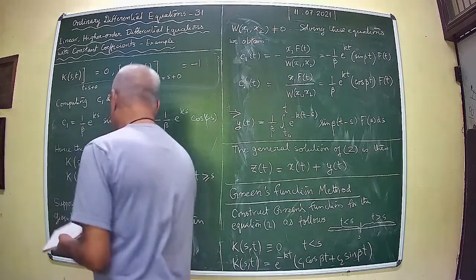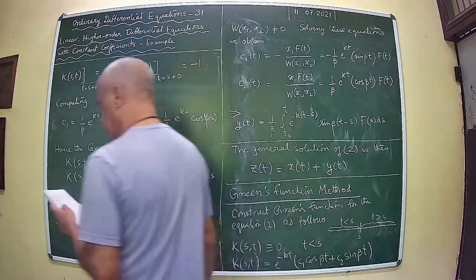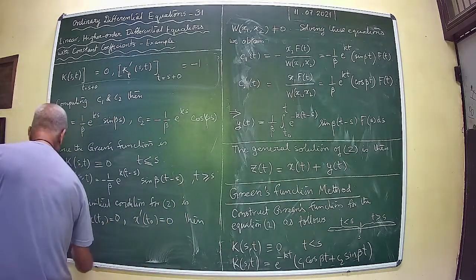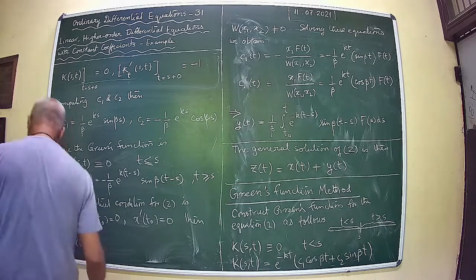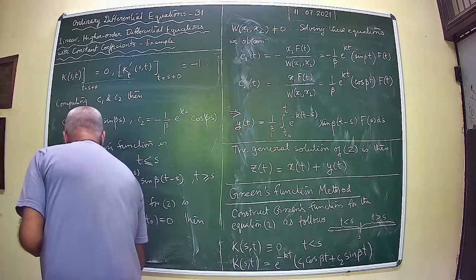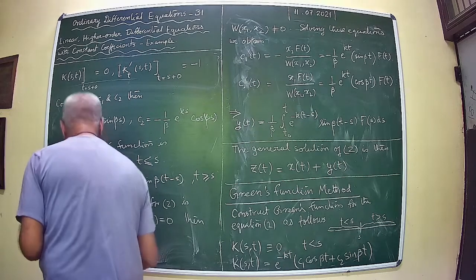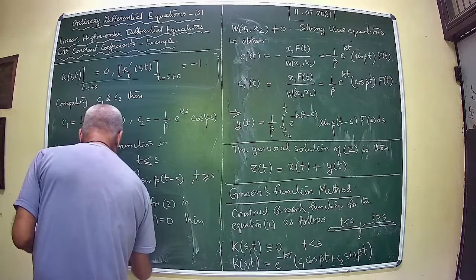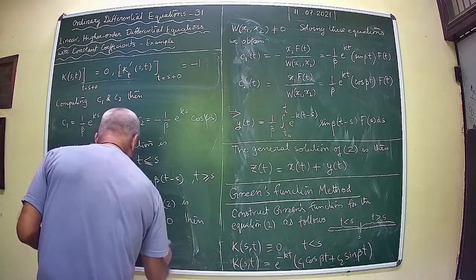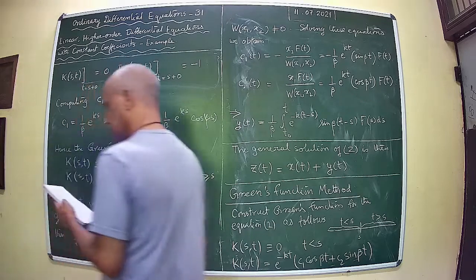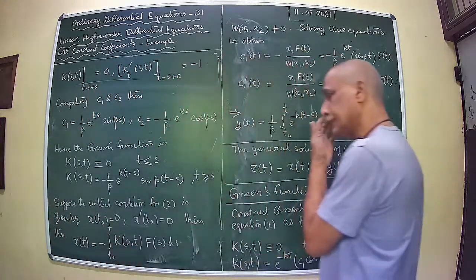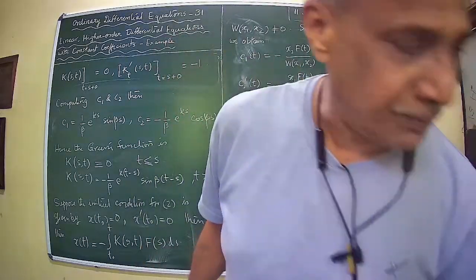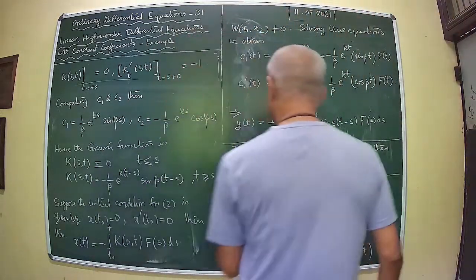If you choose a different condition, it is going to be different. Then x(t) is given by minus integral t0 to t, you can work it out here, k. Now you can verify that this is exactly what we obtained with the variation of parameters also.